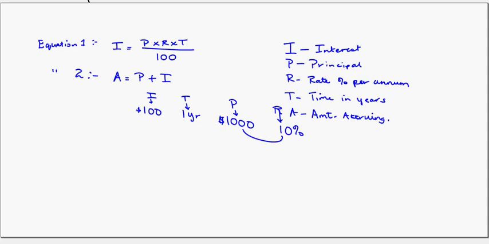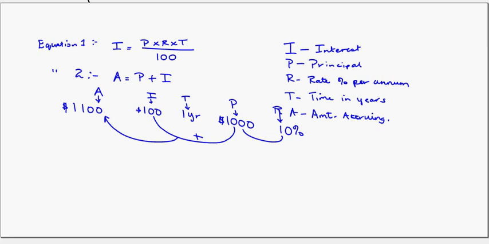So when I go back to the bank and ask for my money, they will give me the amount accruing to me, which is known as A. That will be equal to the principal plus the interest, so my amount accruing will be $1,100.